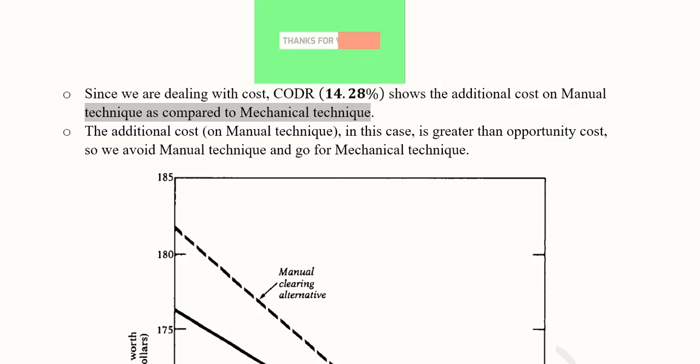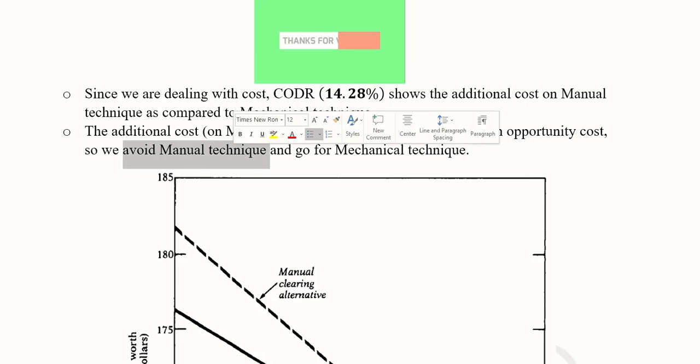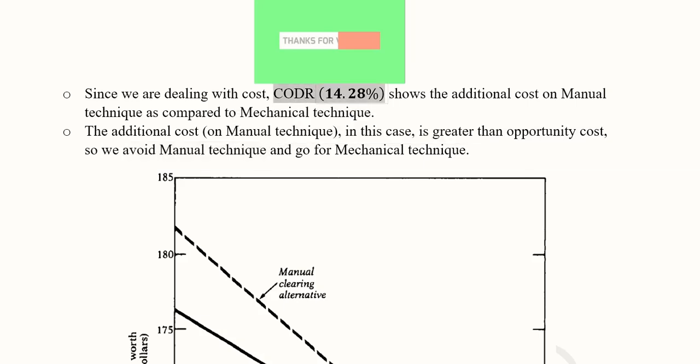So manual was appearing before the mechanical technique. The additional cost on manual technique in this case is greater than the opportunity cost, so we avoid the manual technique. So this is not showing the benefits, because it is not based on the net benefits, it is based on the costs. So its interpretation will be opposite to the other analysis that we have been doing before.